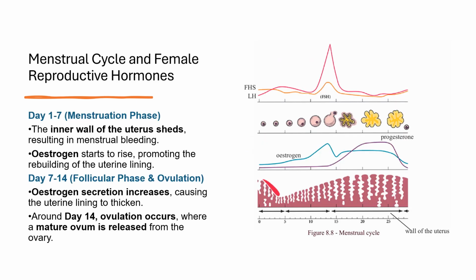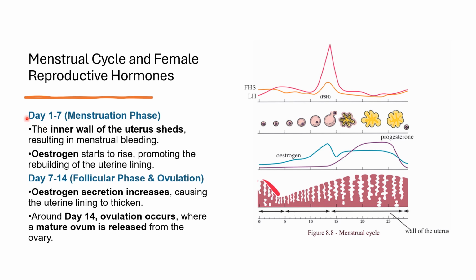In this slide, we are going to talk about the menstrual cycle and female reproductive hormones. So the menstrual cycle is 28 days long, and as we discussed before, typically after each 28 days an ovum is released from the ovary.